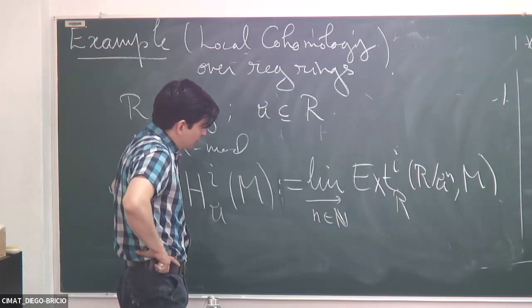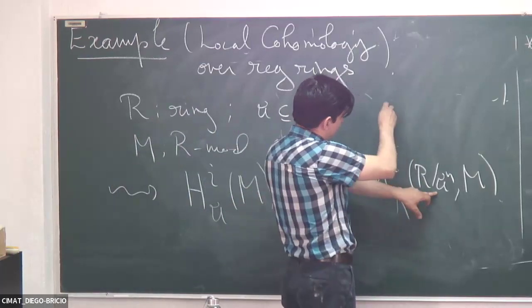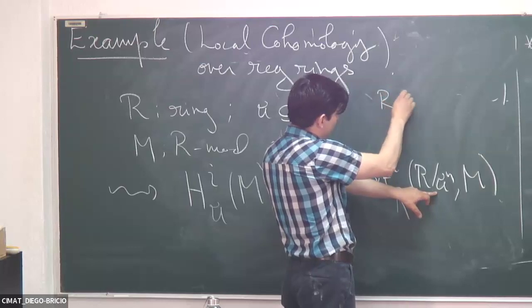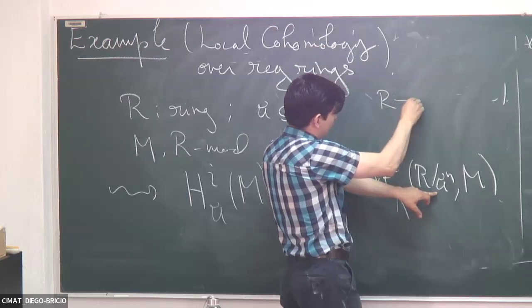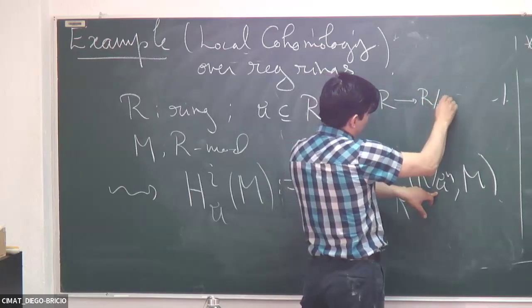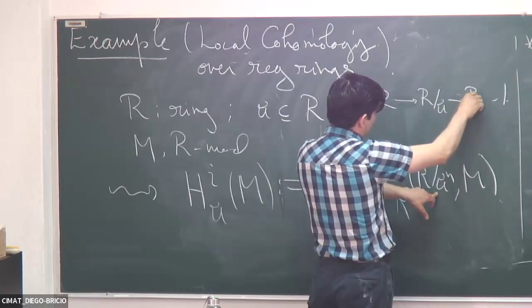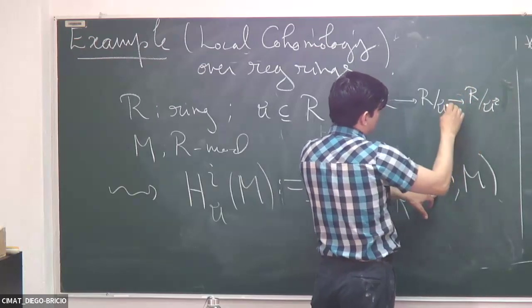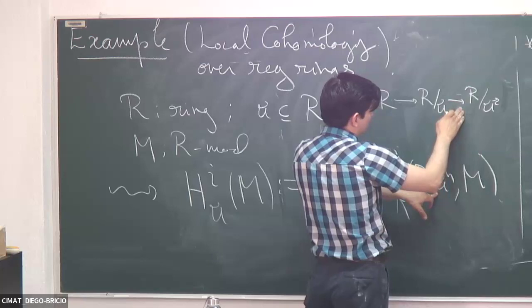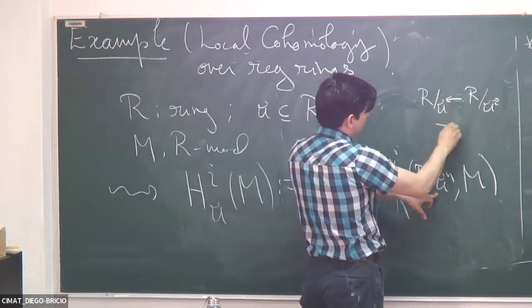I'm confused again. So the point is that, if you have these portions, this is going to look like R modulo A. Sorry, it's like this, right?